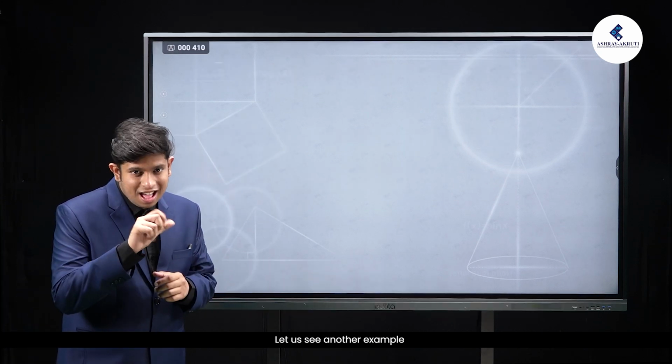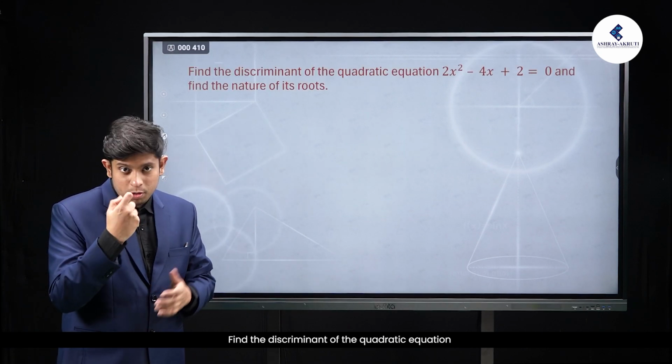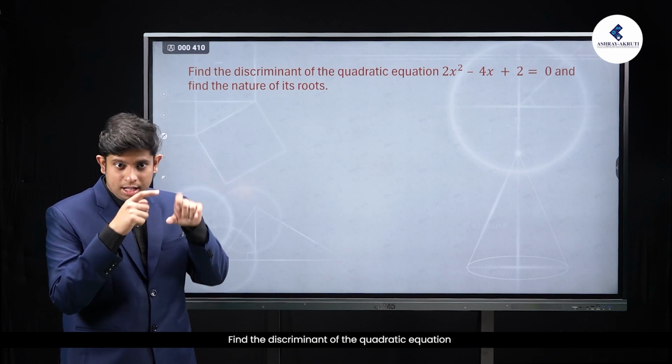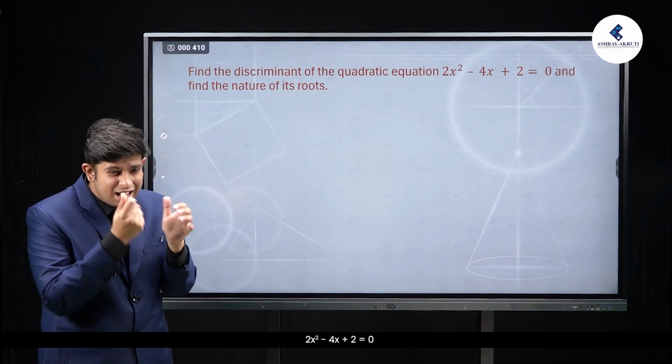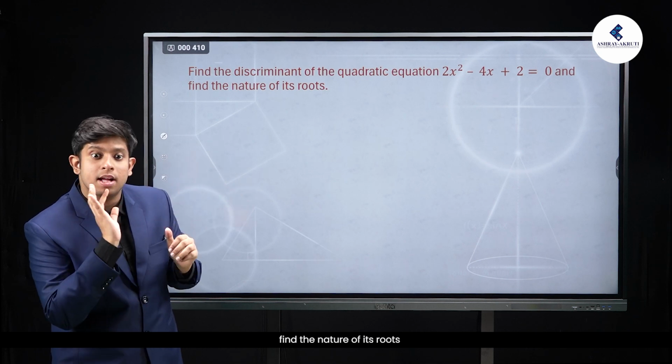Let us see another example. Find the discriminant of the quadratic equation 2x square minus 4x plus 2 equal to 0. Find the nature of its roots.